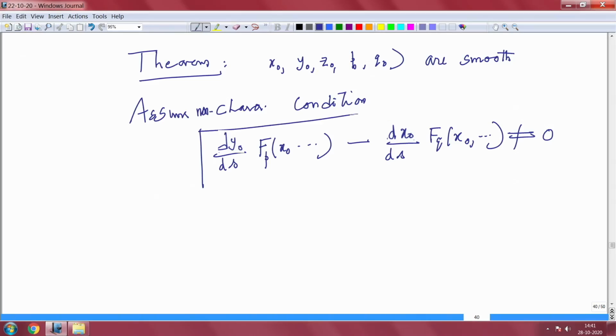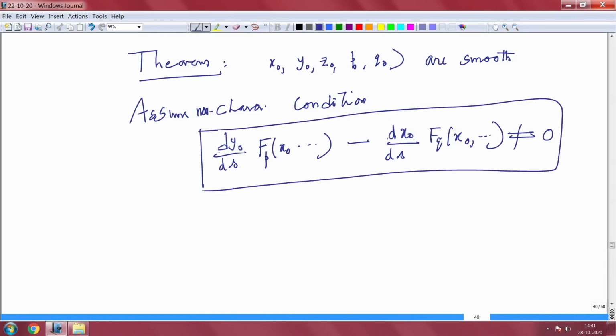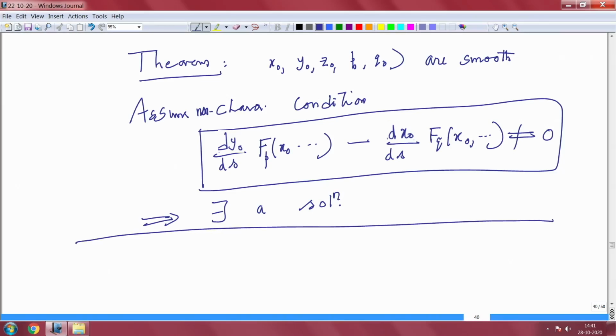This is along the initial curve, the lifted initial curve. Then this implies there exists a solution, not a unique solution. There is no uniqueness. This theorem can be proved along similar lines as in the quasi-linear equation.